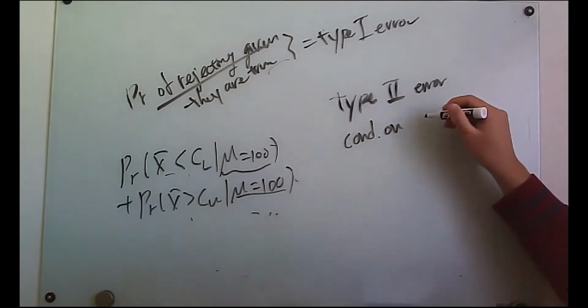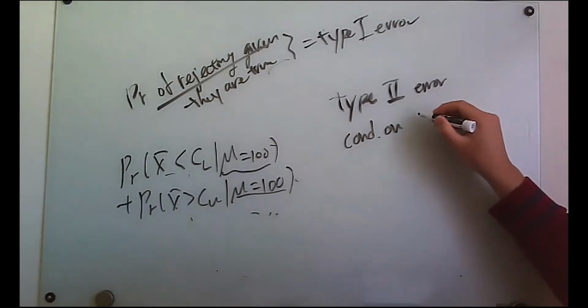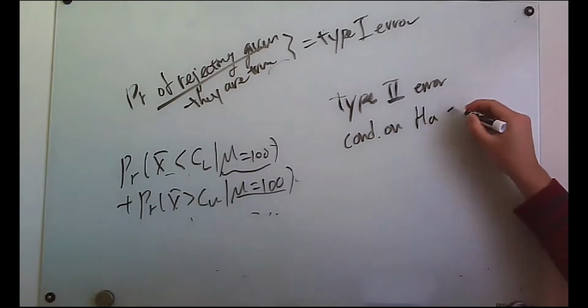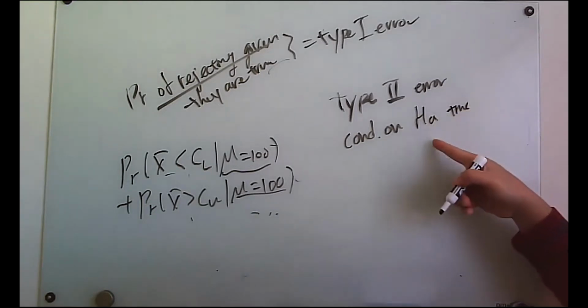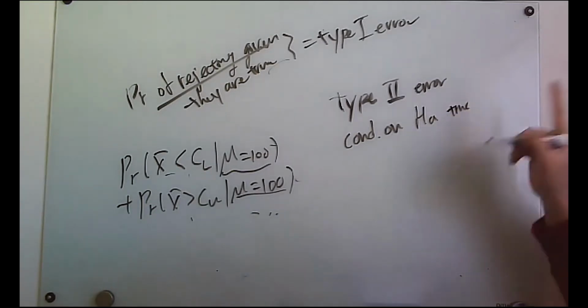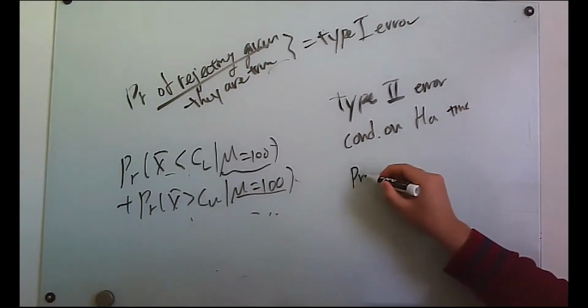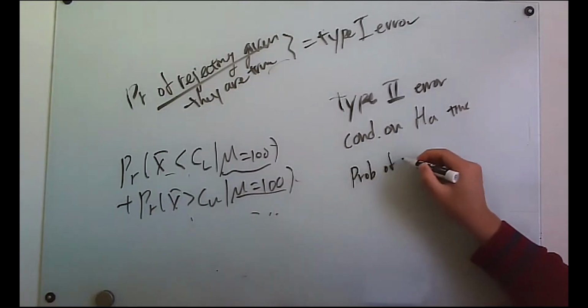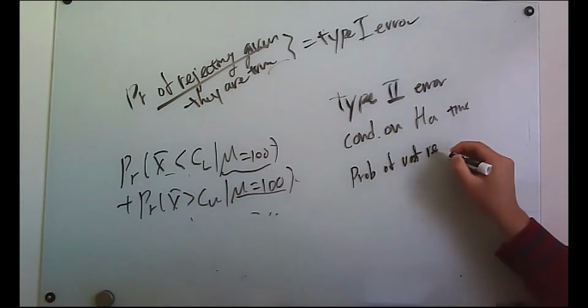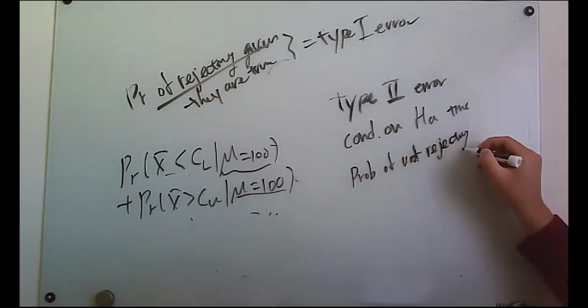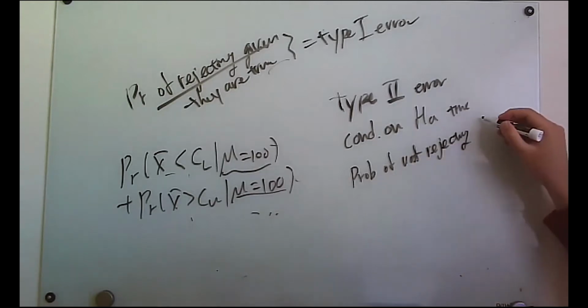Conditioning on the alternative being true, you should reject the null hypothesis, but you have the probability of not rejecting the null hypothesis.